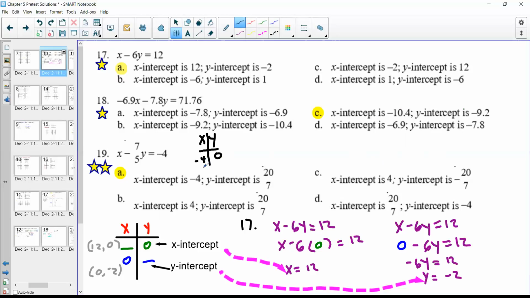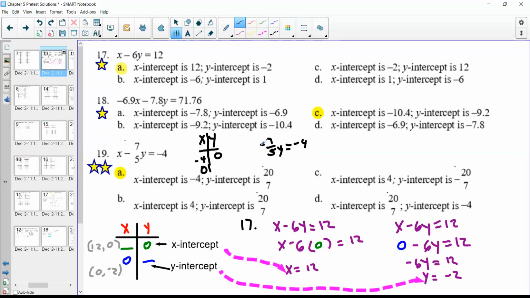And then the y-intercept is going to be, when you're on the y-axis, x is going to be 0. You're not going left or right any. So I could substitute x was 0, and so then I have -7/5 y is equal to -4. And then how am I going to get y by itself?